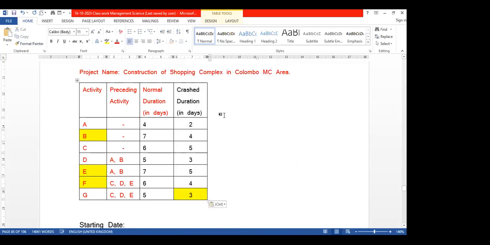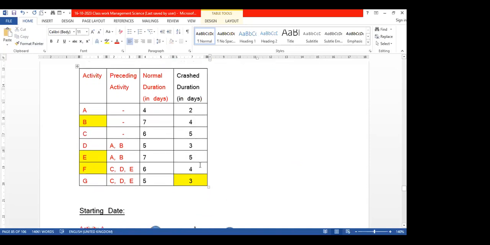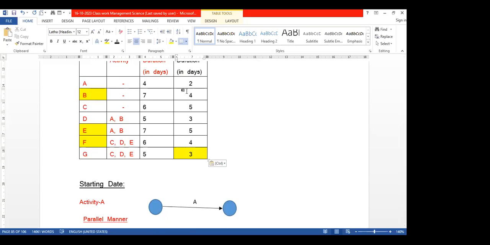The crash duration means we can reduce the time. Sometimes the project owner may say that I need the building in 10 days, or 15 days, or 14 days.